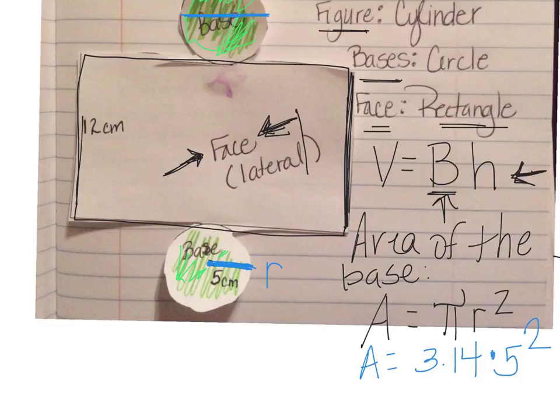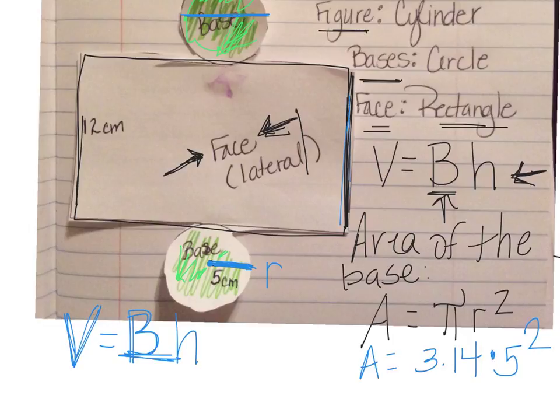Now that one of us has checked your work, you're going to take the answer that you got for area and substitute that answer for your capital B, and then multiply it times the height.